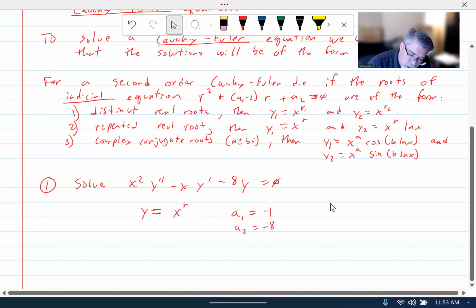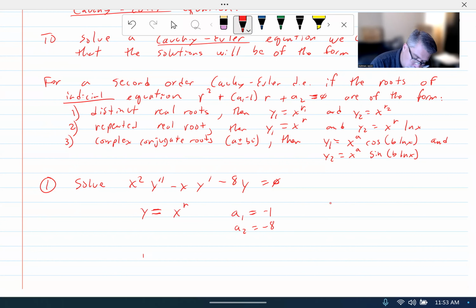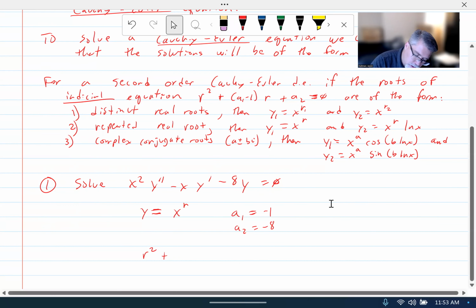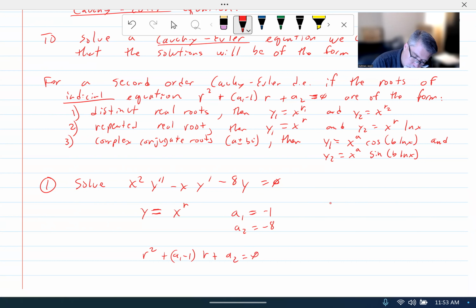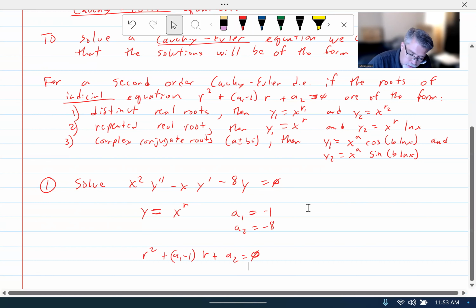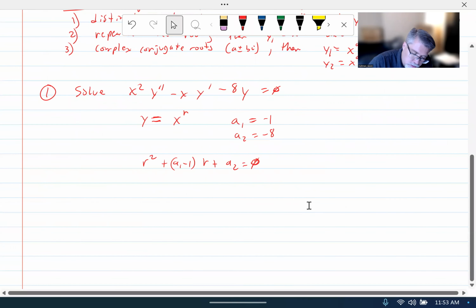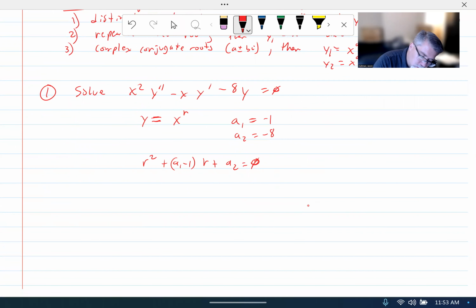And they're saying that r squared plus (a1 minus 1) r plus a2 equals 0. I want to find the roots of that indicial equation. So r squared plus (-1 minus 1) r plus -8 equals 0.